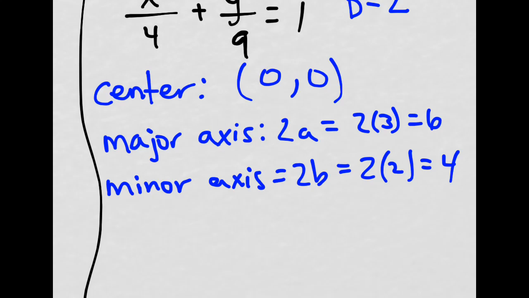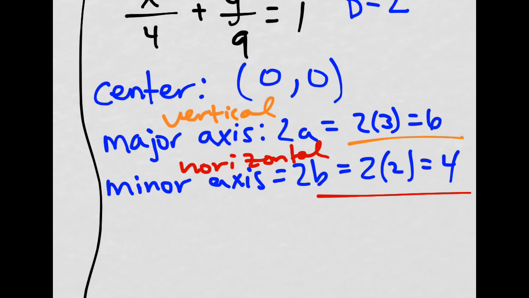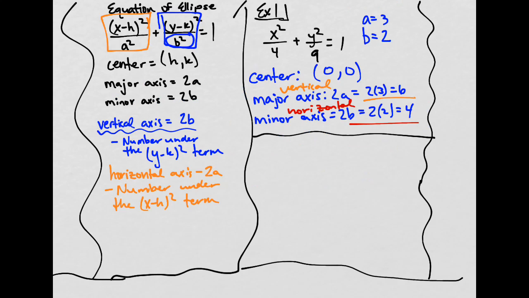In the vertical one, vertical's here, and horizontal is here. No, we did not. You look at the X and Y. The vertical goes under the Y term because Y's are up and down.